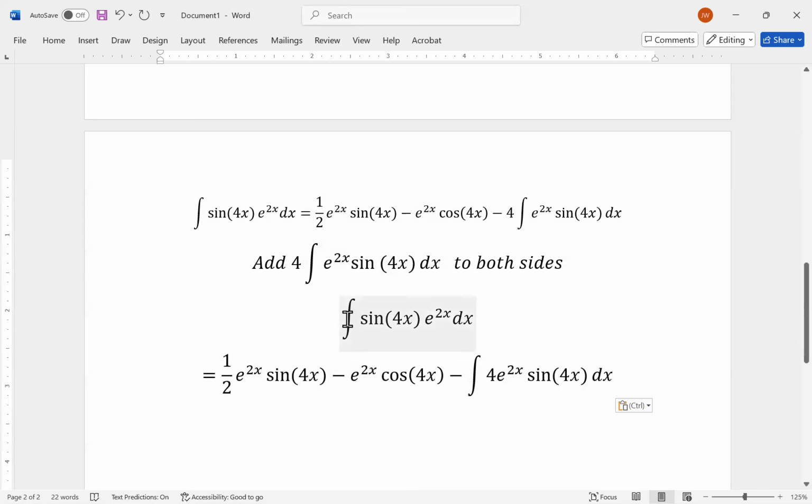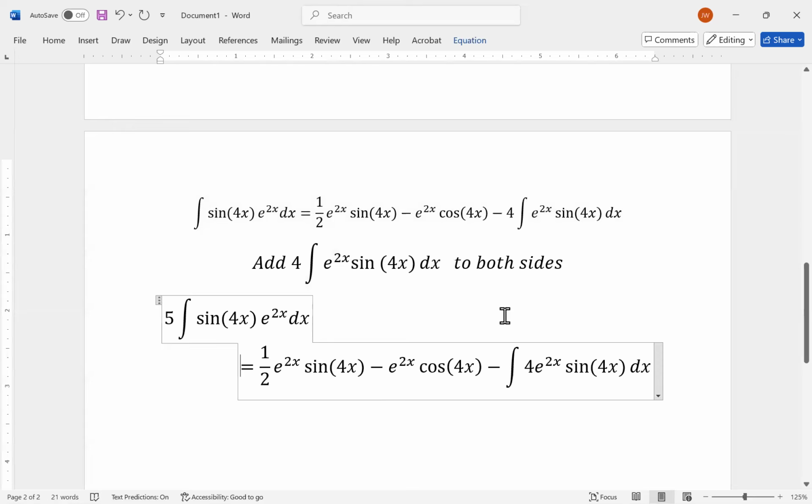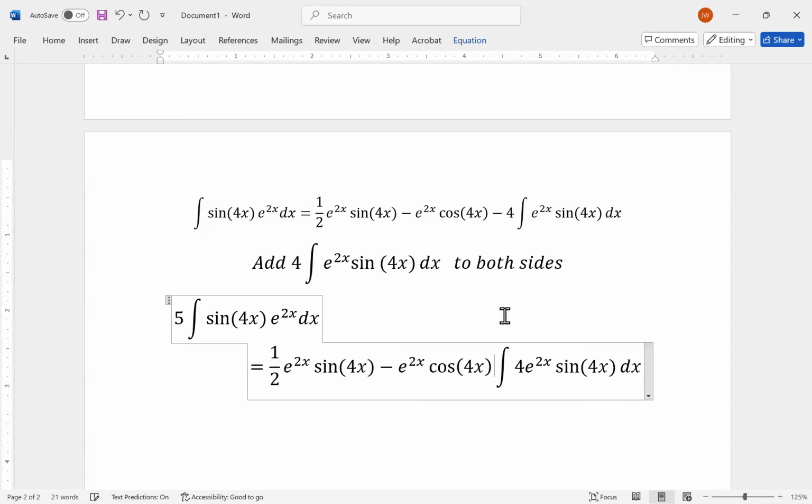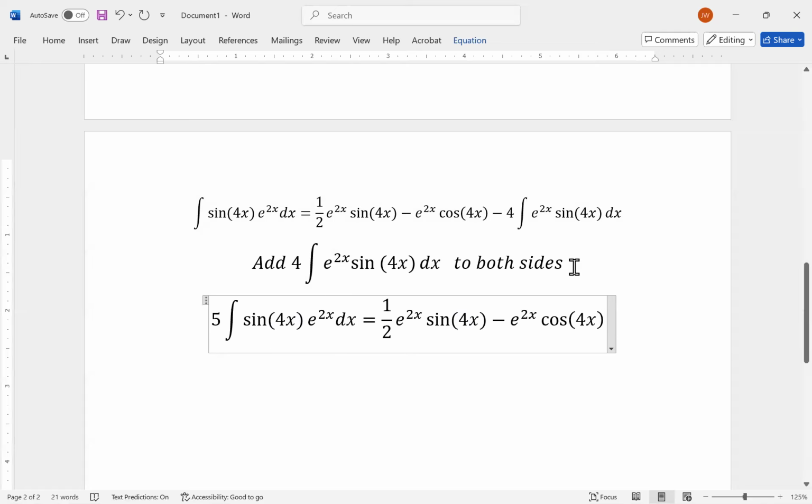So what I just got is that 5 copies of this integral is equal to this mess.